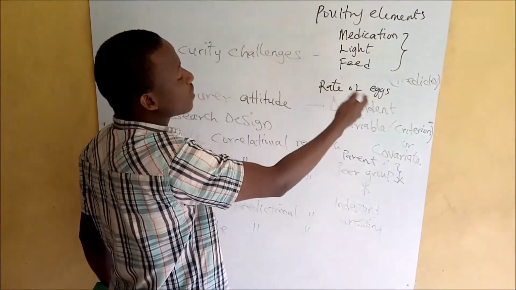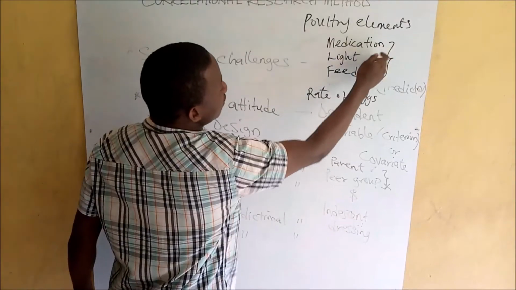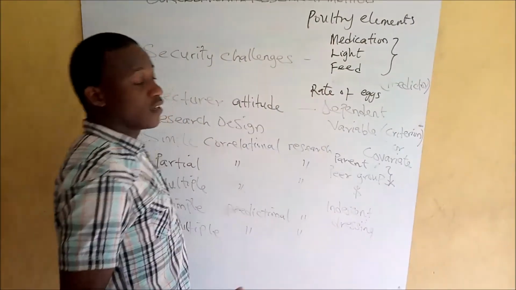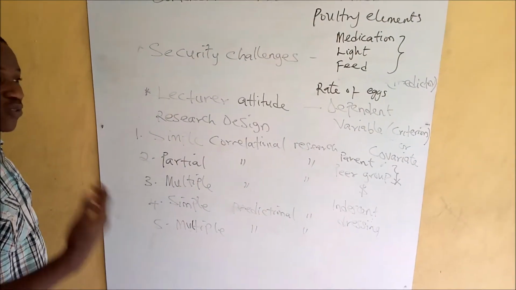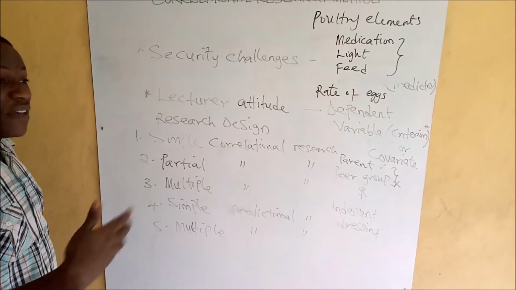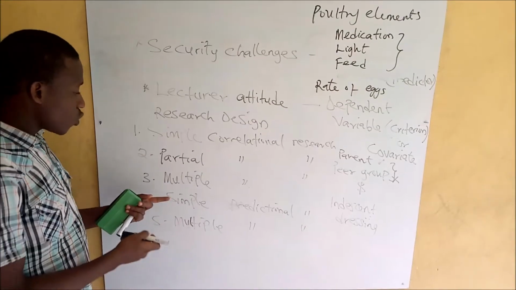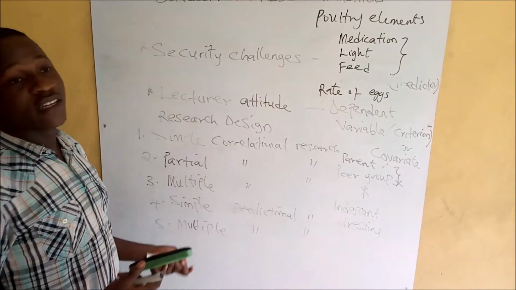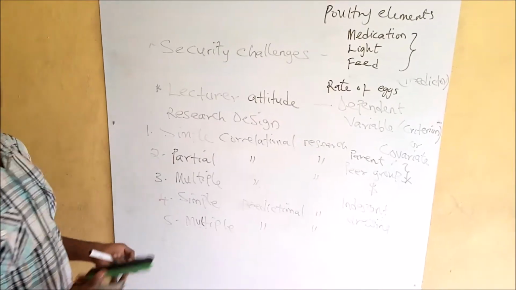In this research, you are going to check whether these elements relate with the number of eggs laid by a layer at a particular time or in a time interval. So you apply a research design called multiple correlational research design, and the statistical tool will be multiple correlation.